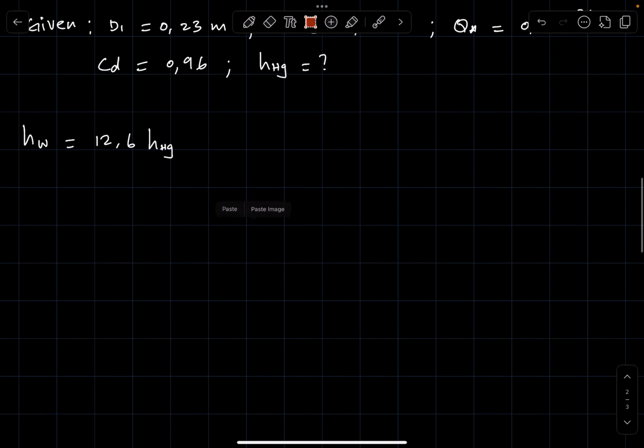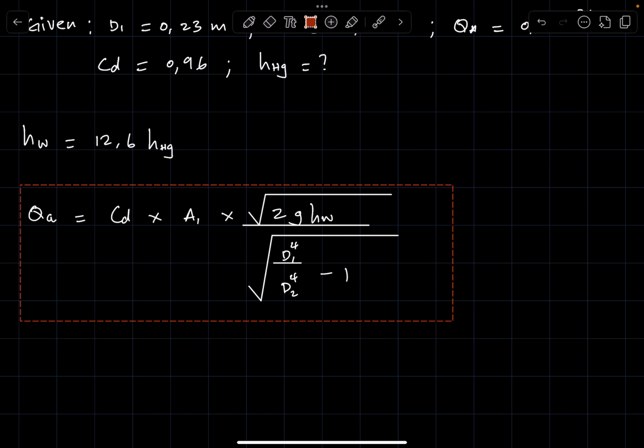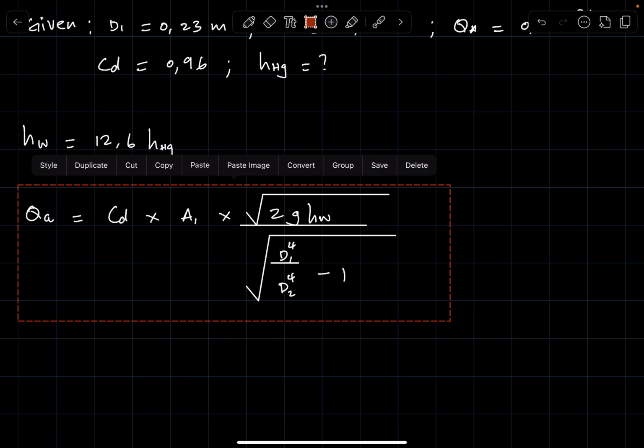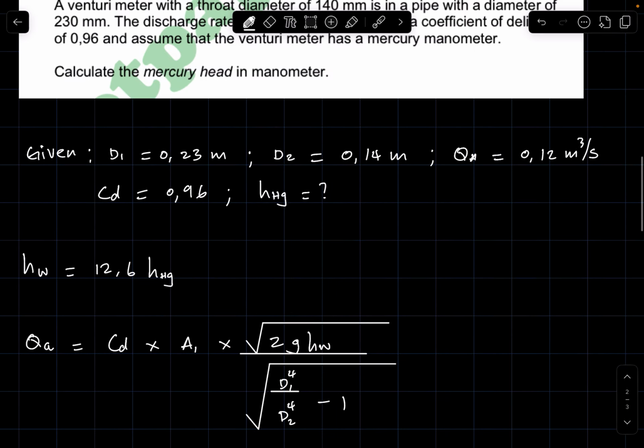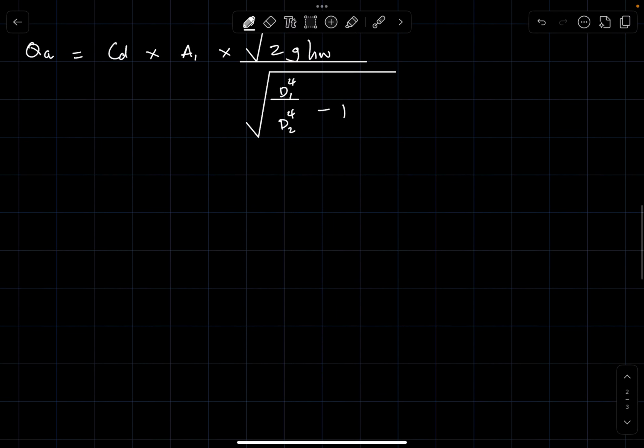So from here, remember we had established that this is the formula we need to use to calculate this, seeing that this is what we're looking for. But now to get this, we need to have this, we have to take this approach to calculate. So now from here, substituting QA is 0.12, 0.12 is equal to CD.